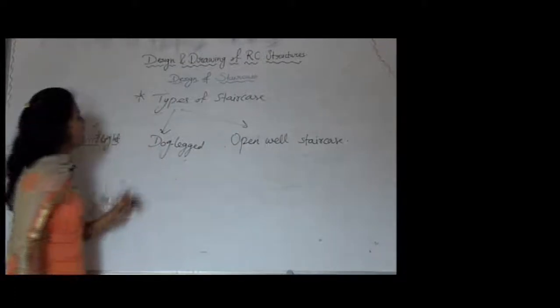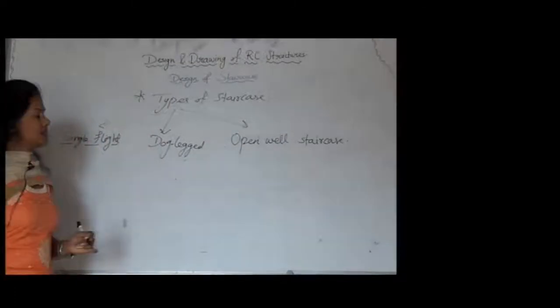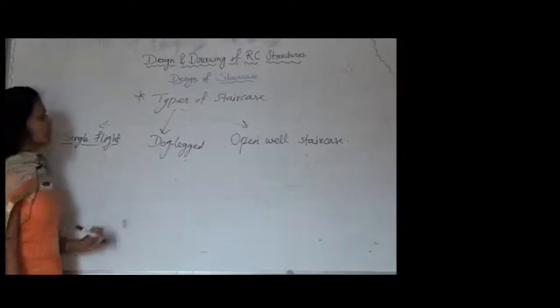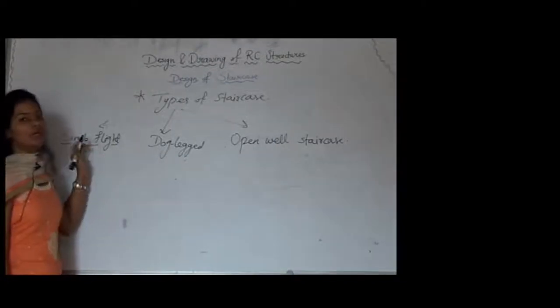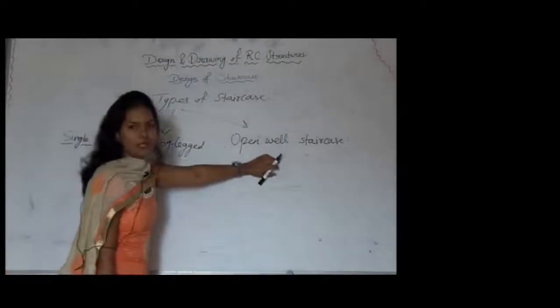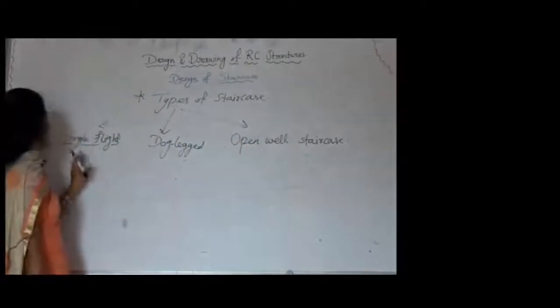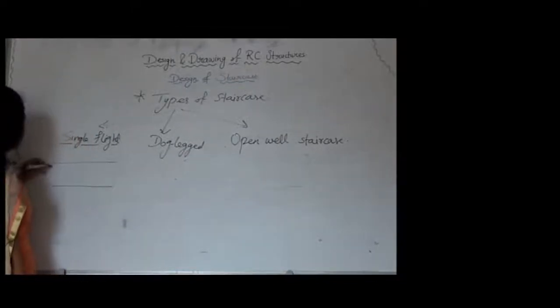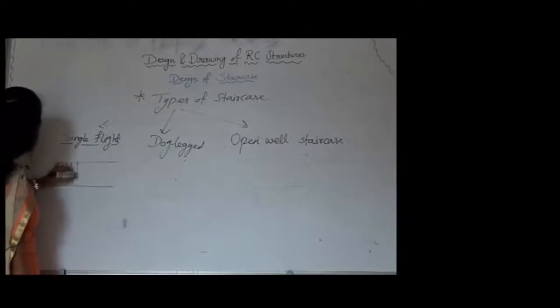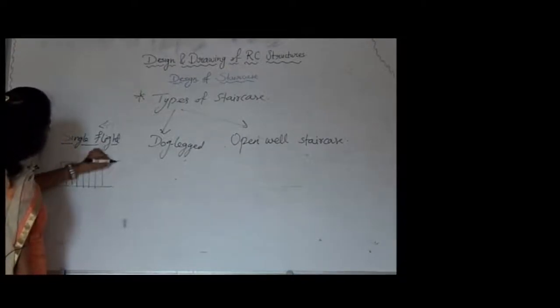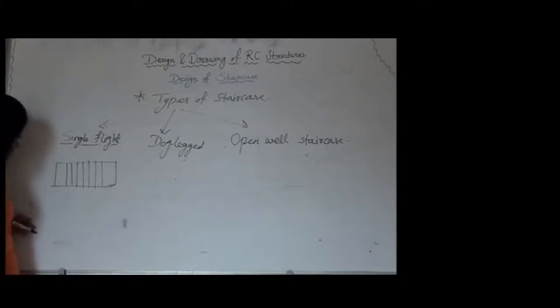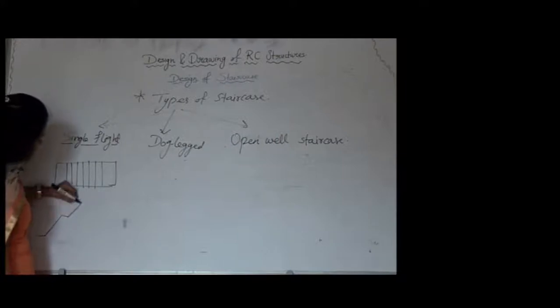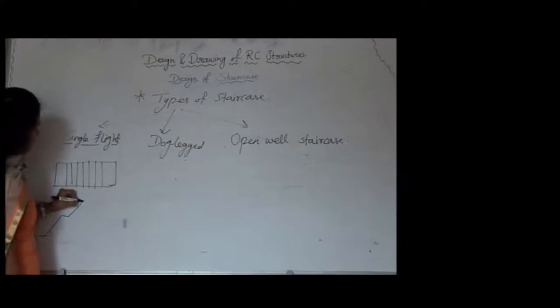Yes, as staircase is nothing but a series of steps, depending again upon the type of structure, we have to decide which type of staircase will be suitable for that type of structure. Now in case of single flight, it consists of only a single flight going in one direction only. That means we start with the ground floor, we reach the first floor, again it continues in the same direction for the further floors like this.